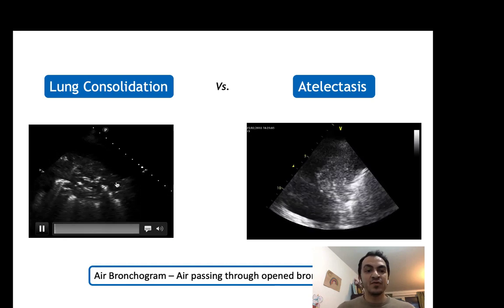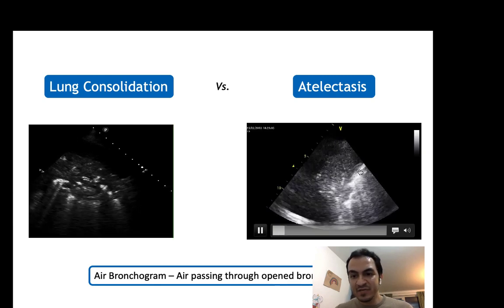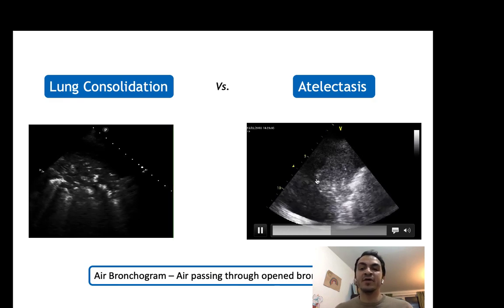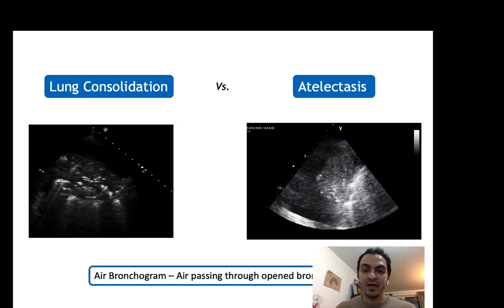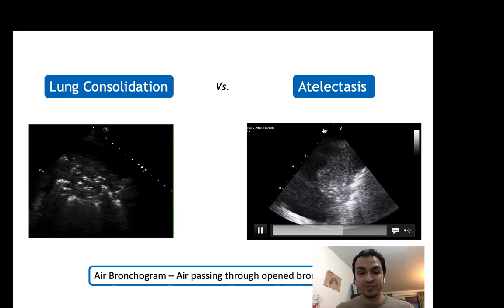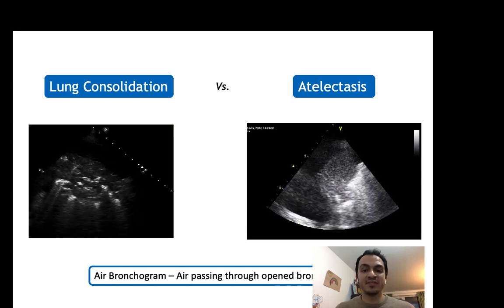As we said, the consolidation due to pneumonia is more likely to be heterogeneous like this, but if you see it more likely homogeneous in one part, this is most likely a degree of atelectasis due to a large amount of pleural effusion, which is causing compression of this part of the lung, which is labeled as compressive atelectasis.